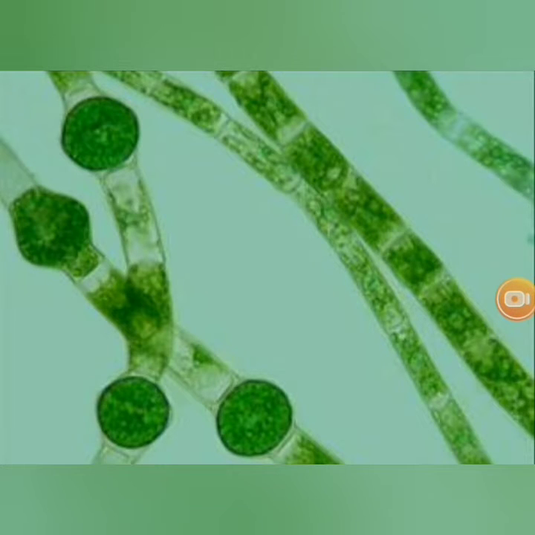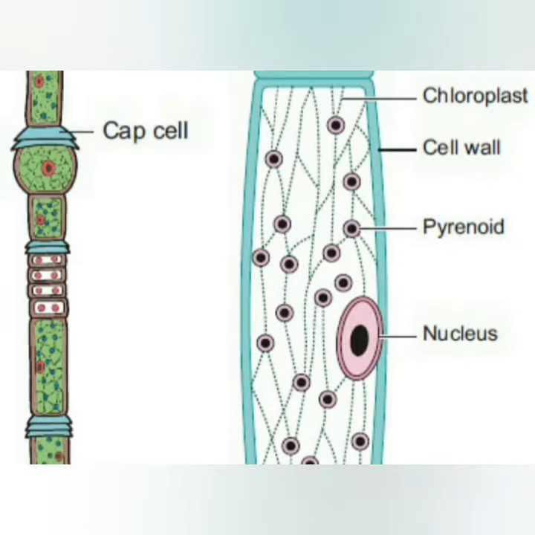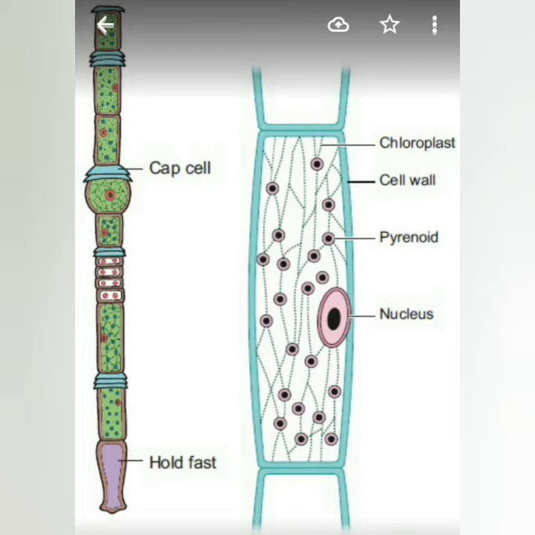Okay, so the plant body of this Oedogonium has a filamentous plant body. Let me show you in this diagram. You can see in the figure a single filament. Why filamentous? Because if you take a look at the cells, they continue to elongate, but they do not divide.